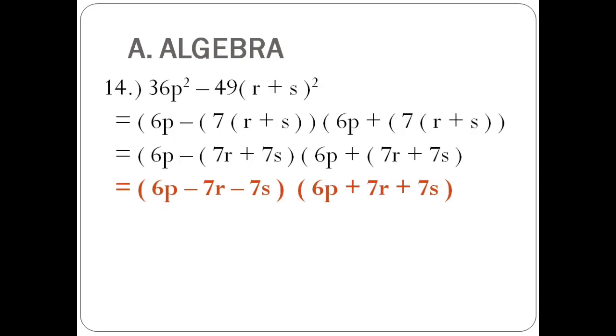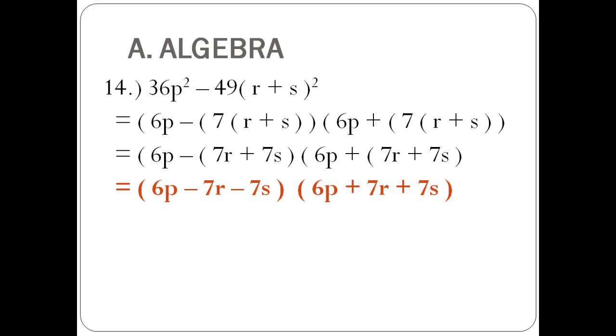Next, given is 36p squared minus 49 and 3 plus s squared. First, you're going to use the formula a squared minus b squared is equal to a minus b and a plus b to factor the expression.